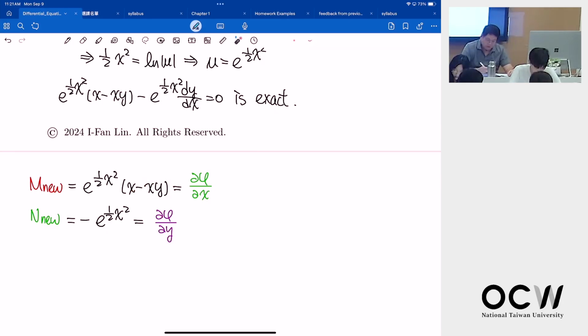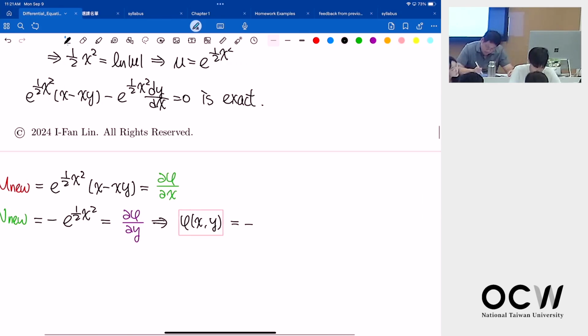So if I choose this, I can find my potential function is minus e to the 1/2 times x squared y plus a function of x. Okay?